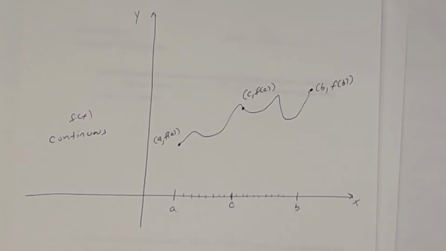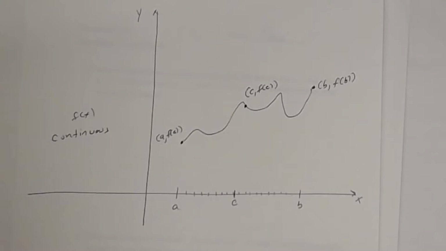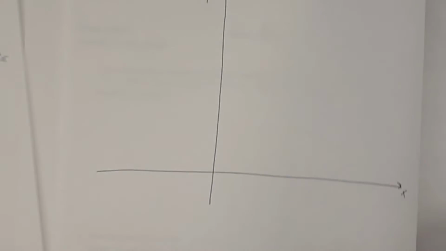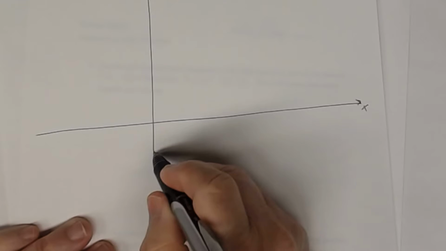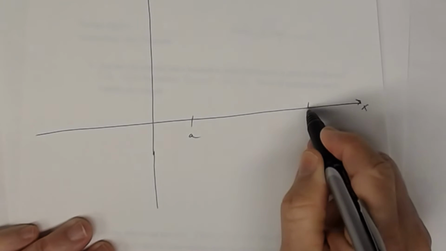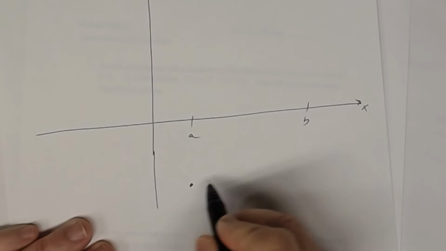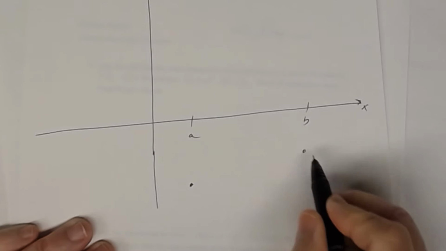So let's say those two endpoints are below, the same idea. So this is a, this is b, and we have this point here, and this point here.